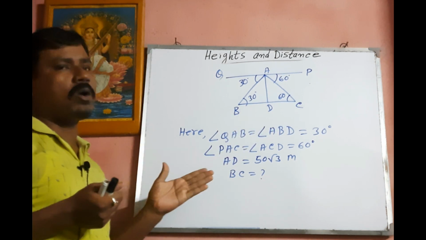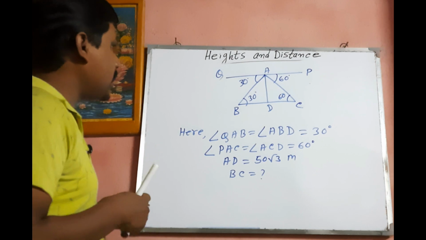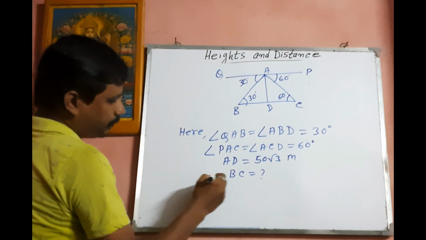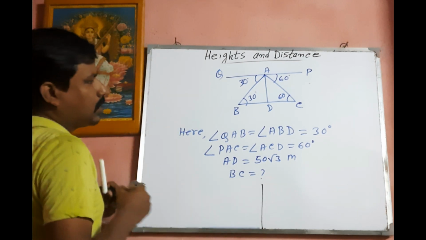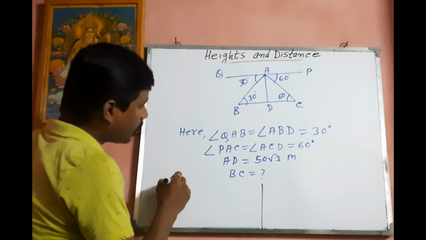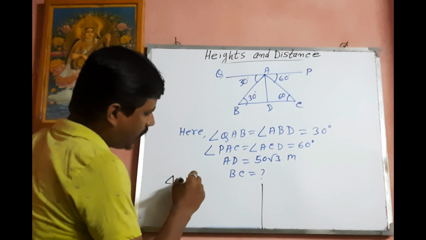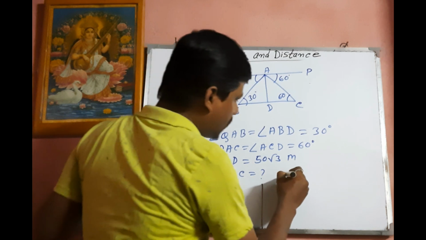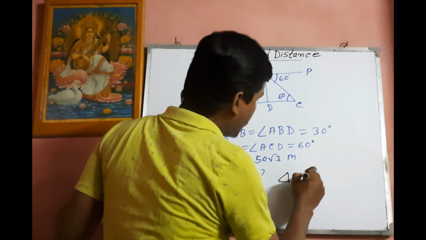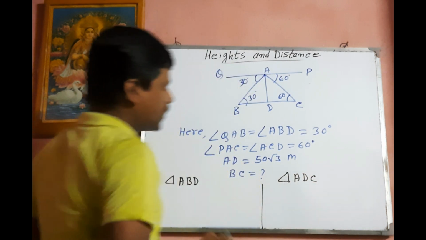Now according to our formula, we are using here the triangle ABD and here the triangle ADC.